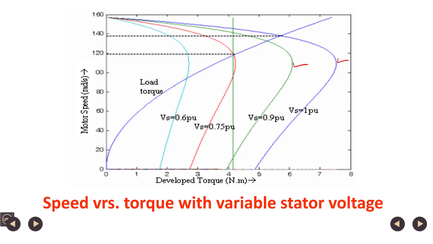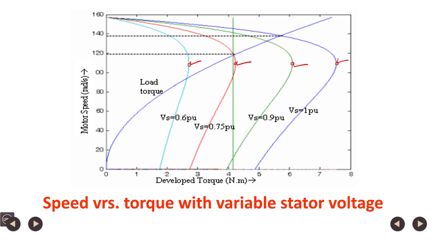At 75% of the rated voltage, the graph is this one, and at 60% of the rated voltage, the graph is this one. As voltage is changed, the maximum torque is proportional to the square of the voltage, so maximum torque reduces as the voltage squared, and the speed versus torque graph changes.